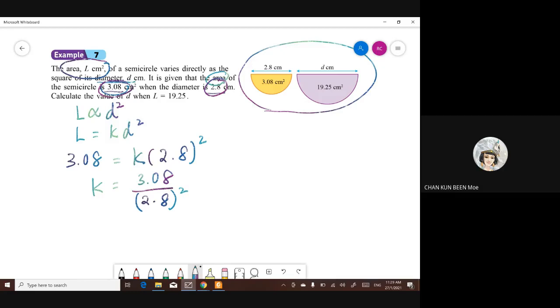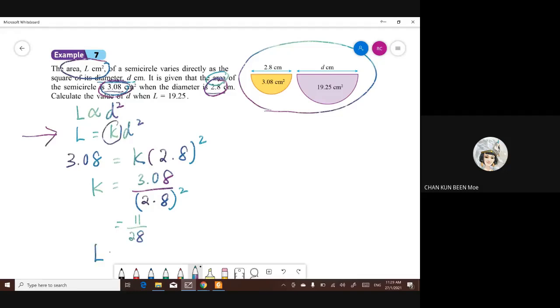Then again, you press your calculator. Oh, I lost my calculator here. You can refer to your book. So for 3.08 divided by 2.8 squared, we will get 11 over 28. Okay, after that, you are going to generate back your equation here to replace the value of the constant.